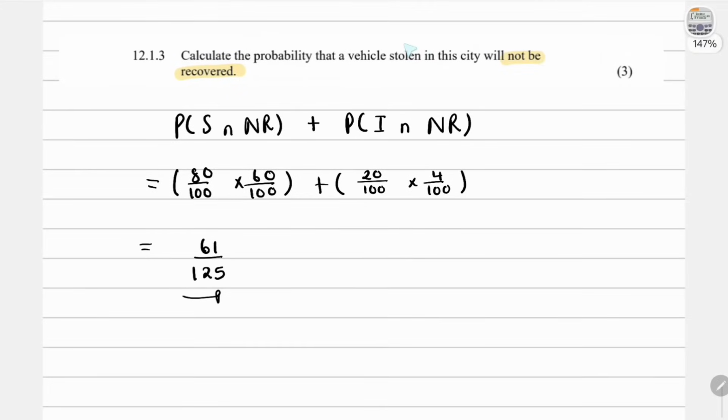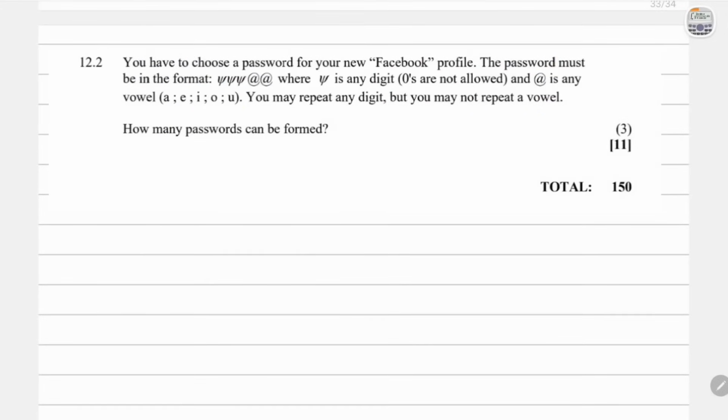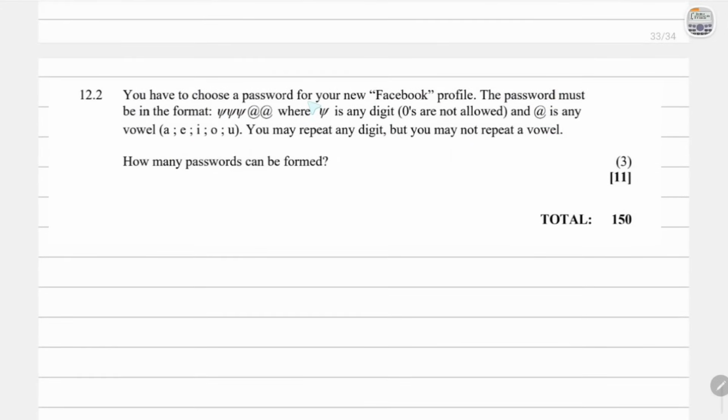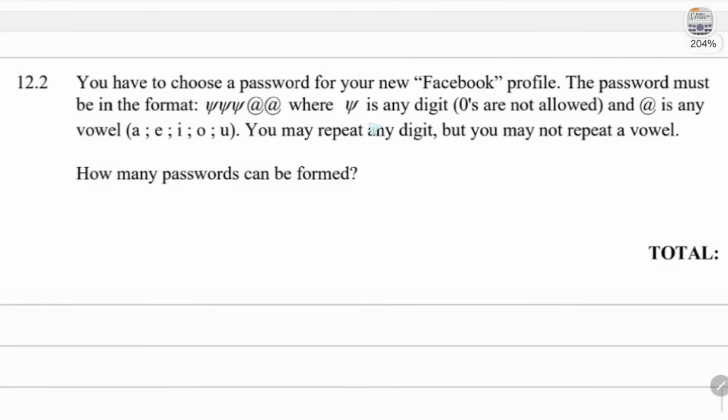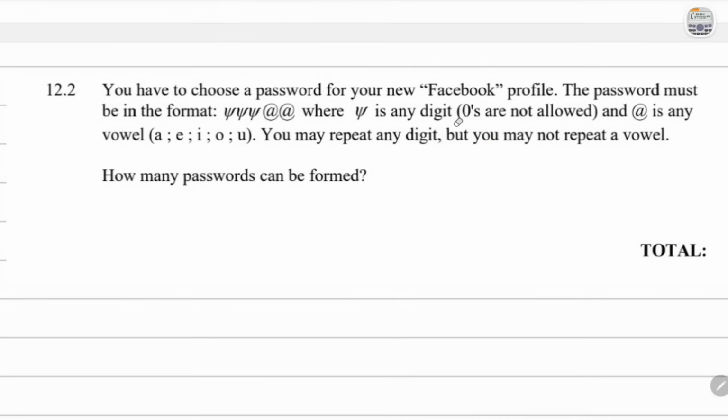Moving on to the next question. Question 12.2 says, you have to choose a password for your new Facebook profile. The password must be in the format of, okay, they're saying that this is a digit. Okay, so digit, digit, digit. And they also say that zeros are not allowed.